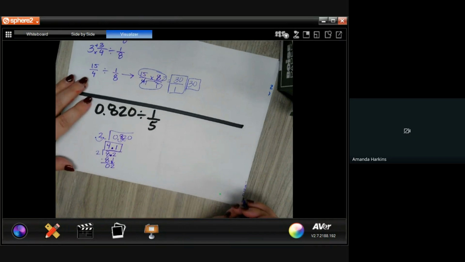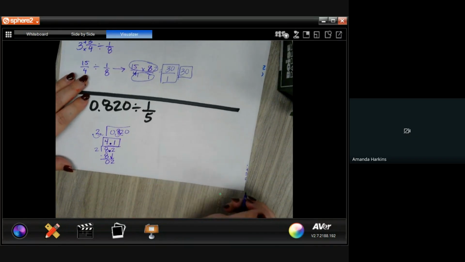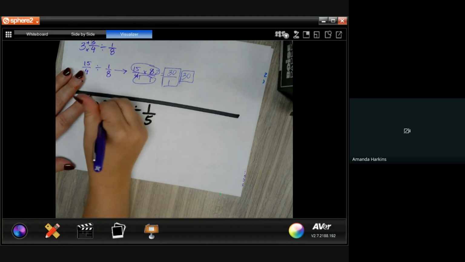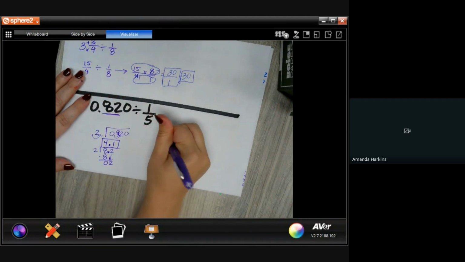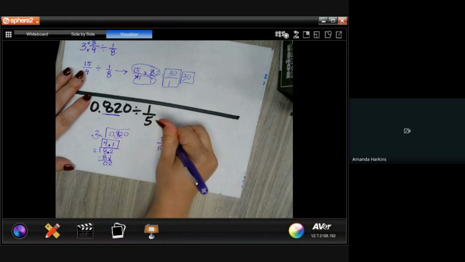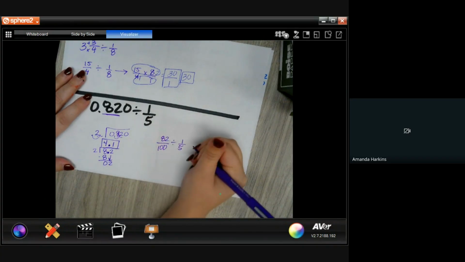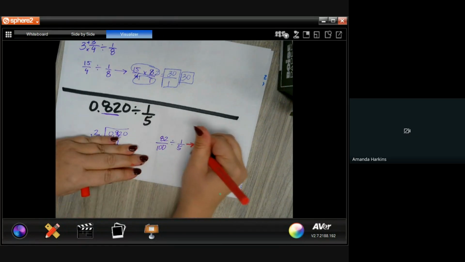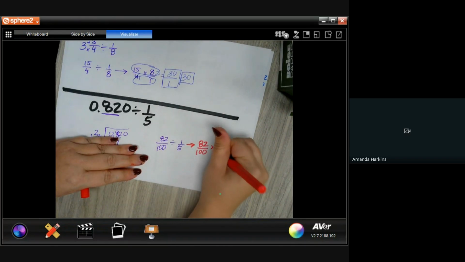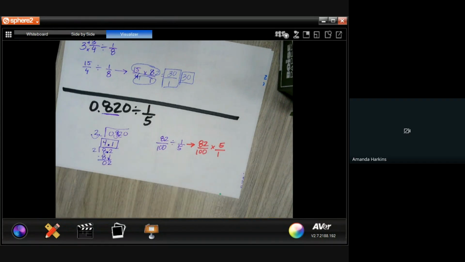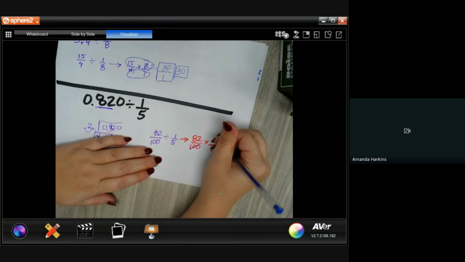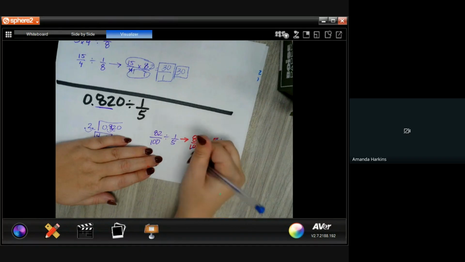I can also do it with fractions. So this is technically 82 hundredths divided by 1/5. So the same thing as, remember we multiply by the reciprocal, so 82 over 100 times 5 over 1. I'm going to go ahead and simplify it. So 5 divided by 5 is 1. 100 divided by 5 is 20.